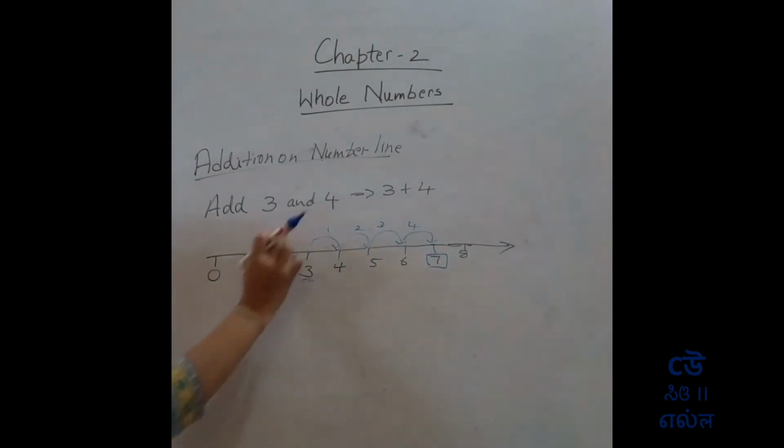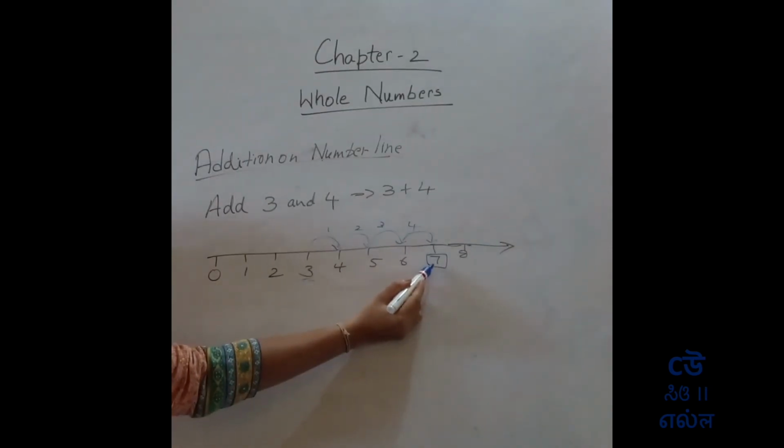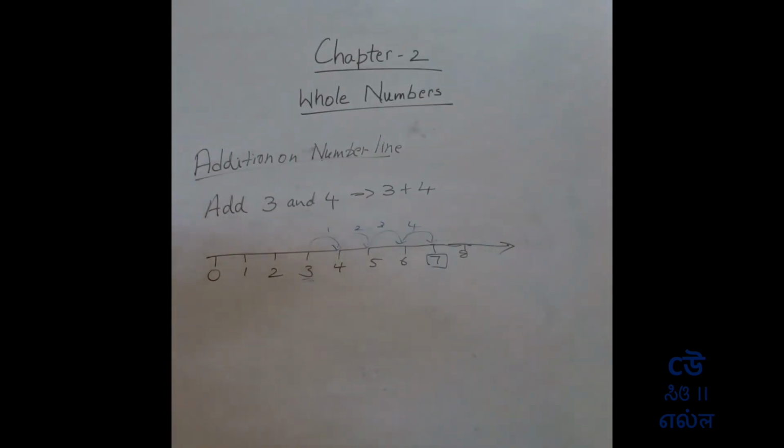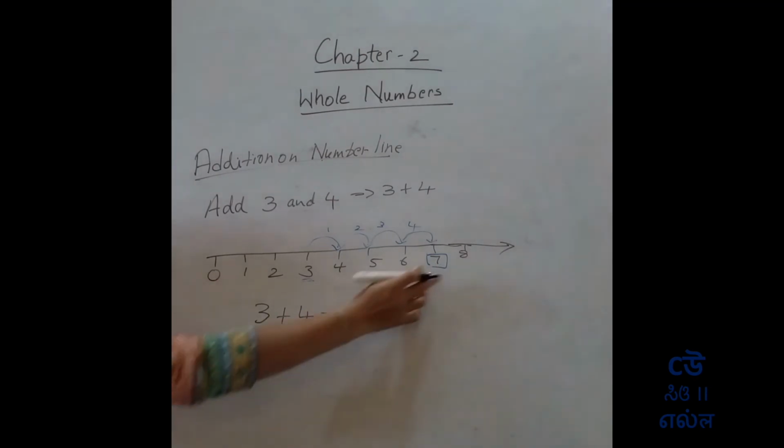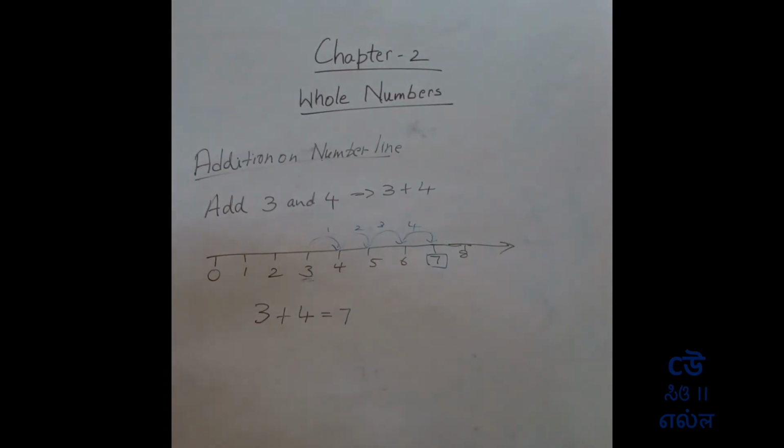After jumping 4 numbers we got 7 as the answer on the number line. So do mental calculation and check whether your answer is right or wrong.